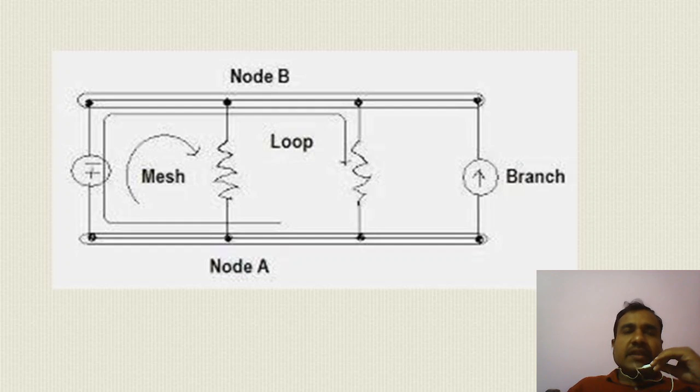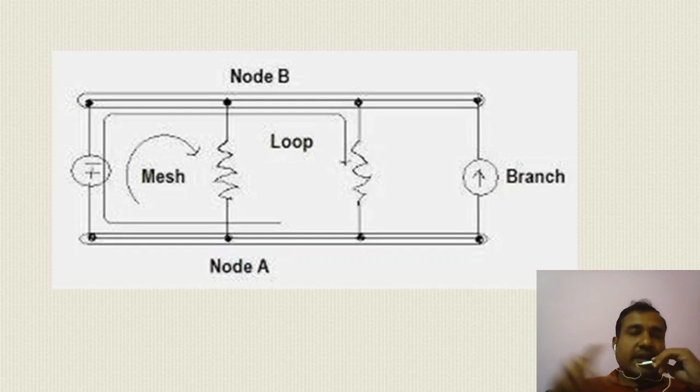And in this you can clearly see what is loop and what is mesh. In the loop, you can take a longer path traversing from a resistance to the voltage source and through the second resistor and going back. That can be a loop. But mesh is also a loop, with one speciality, that another loop does not exist in this loop.